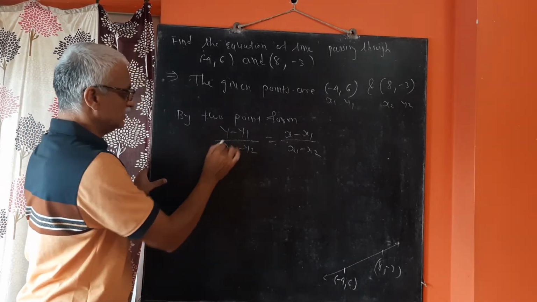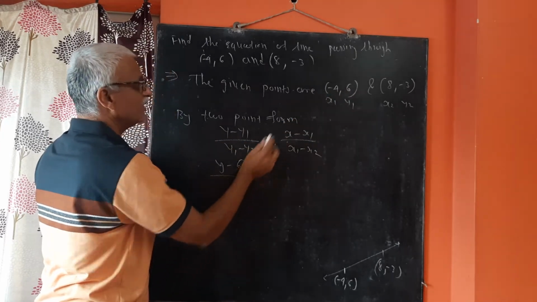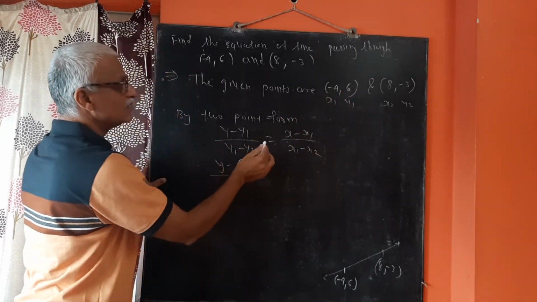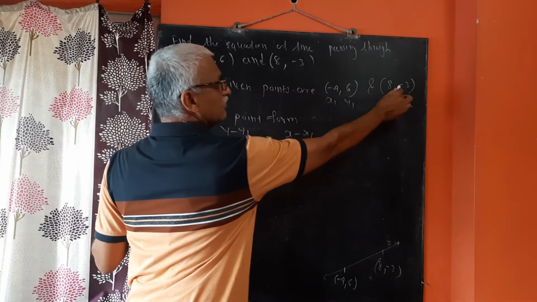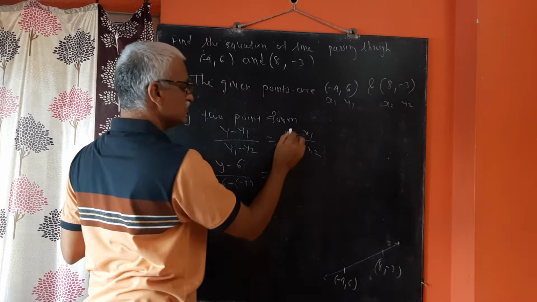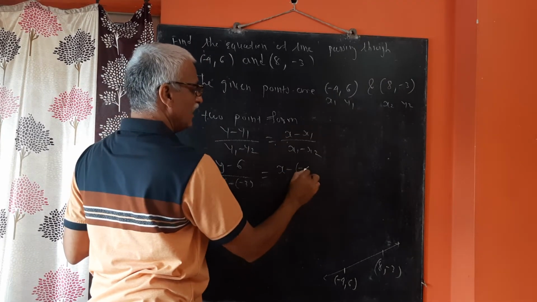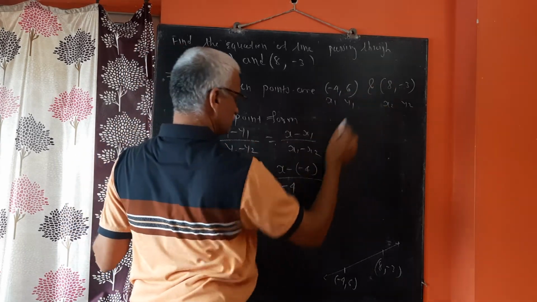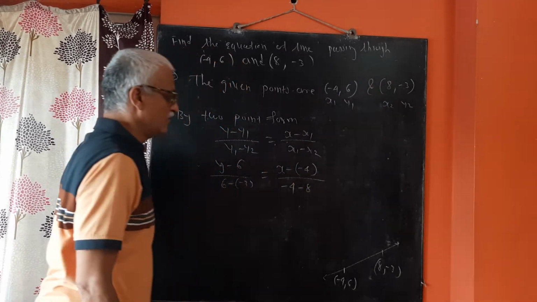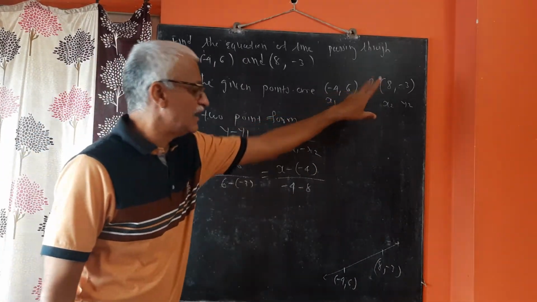So y − y1, where y1 is 6, gives y − 6, divided by y1 − y2, that means 6 − (−3), equals x − x1, where x1 is −4, divided by x1 − x2, that is −4 − 8.